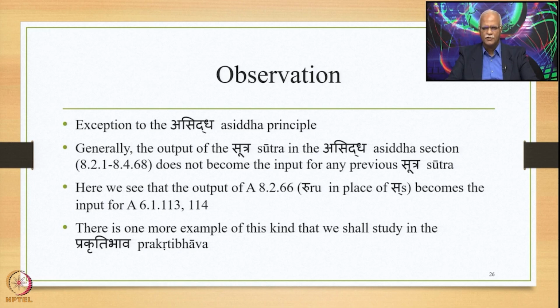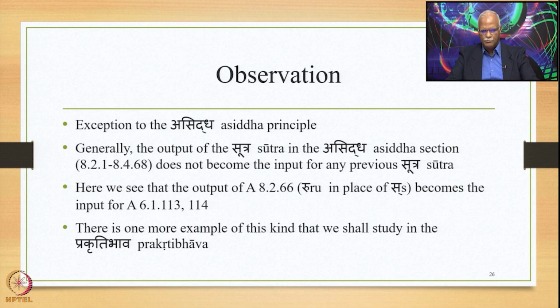This is the asiddha principle. But in this case we see that the output of 8.2.66, that is Ru in place of S, becomes the input for 6.1.113 and 114. This is clearly an exception to the asiddha principle stated in the sutra Purvatra Asiddham, that is 8.2.1.